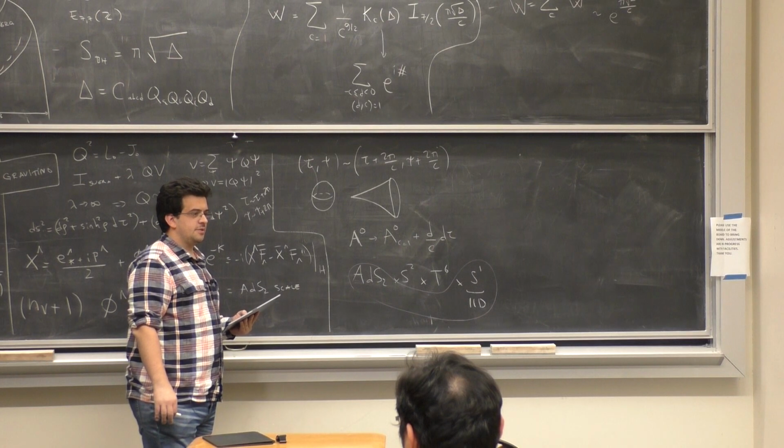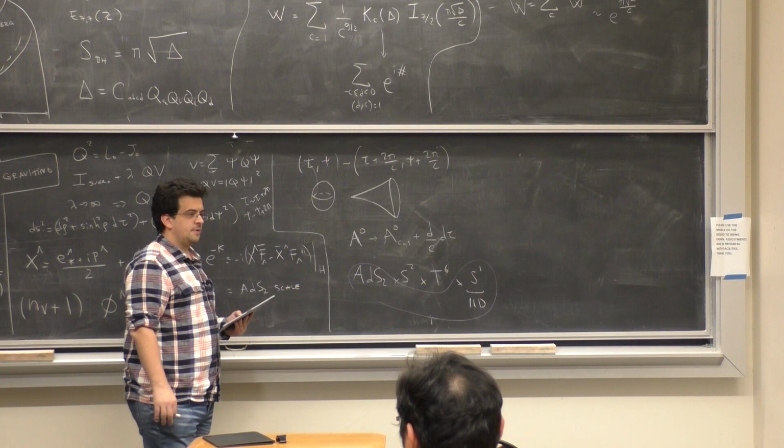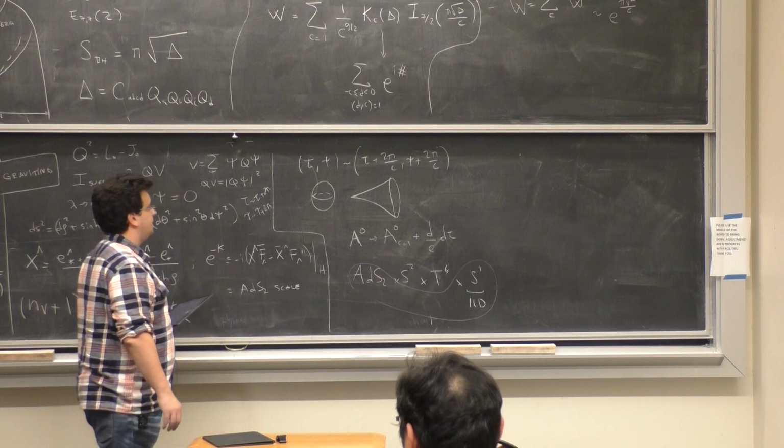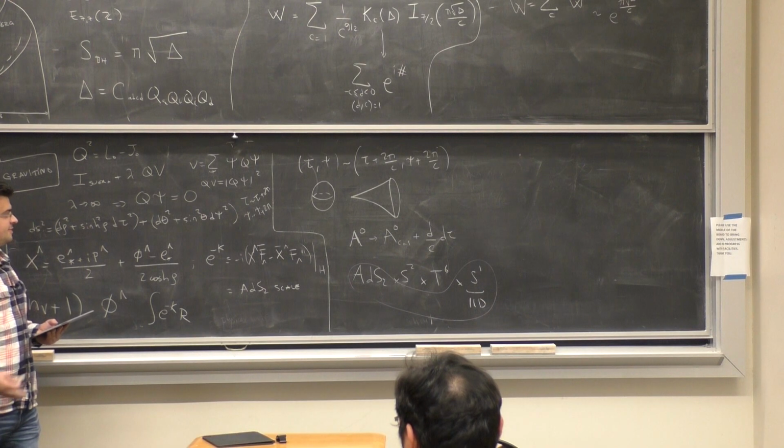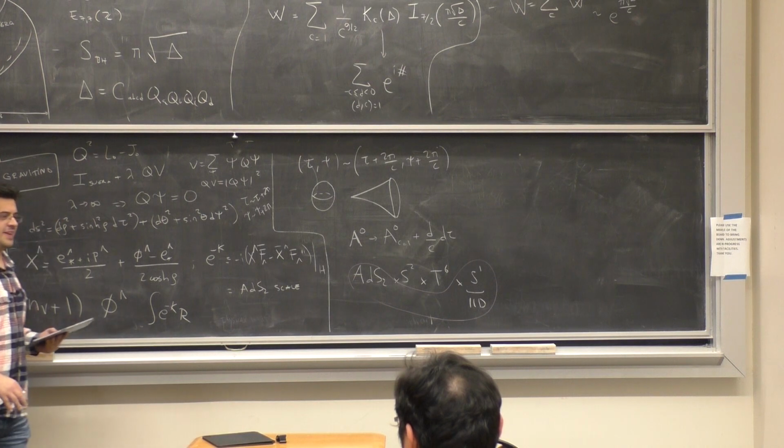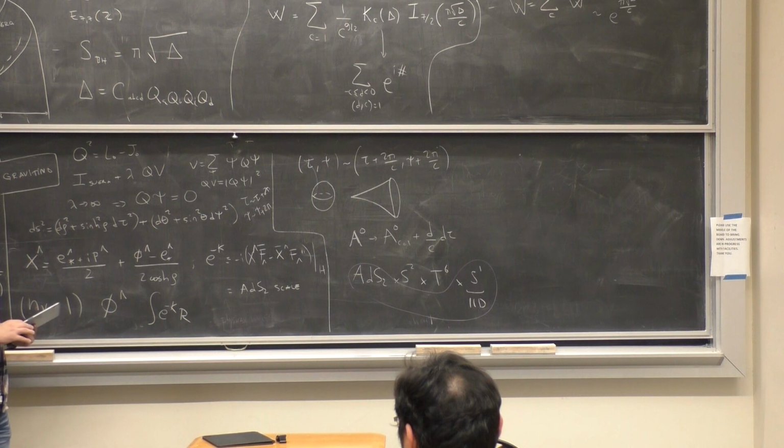Would there be an obstruction to just carrying out the entire analysis in 11D supergravity? Yeah, I think maybe what you might be asking is if I can have any argument within 10D that would tell me that this is smooth without having to go to higher dimensions.